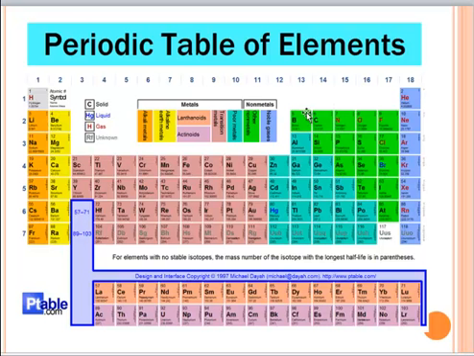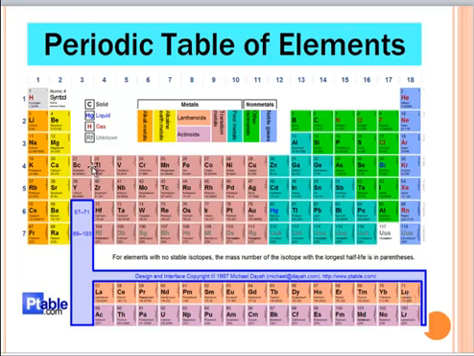Now on 13, the highest energy sublevel will be p: ns2 np1, ns2 np2, all the way to ns2 np6. And now it's very interesting: if you write the electron configuration for this, the d orbitals start to get filled up. For this, the f orbitals start to get filled up.